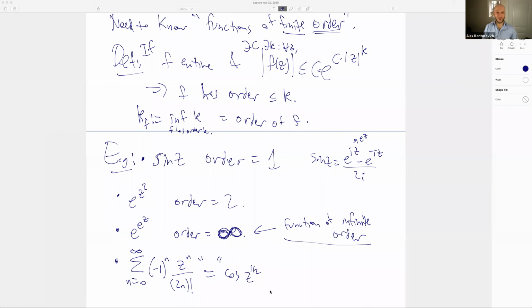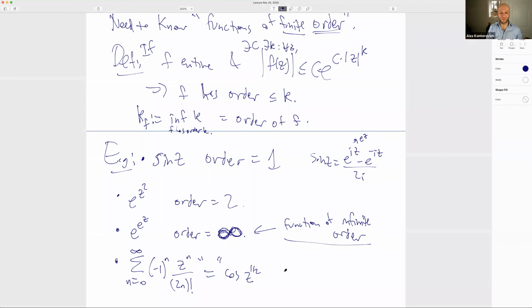You can make that rigorous by making a choice of square root and writing out what cosine is in terms of exponentials. Then you would get square root to the 2n, and square root to the 2n is just z to the n, after some choice. So this you have to worry about. This you don't have to worry about. It's convergent entire. This is clearly entire. It's a convergent power series, convergent on any radius.